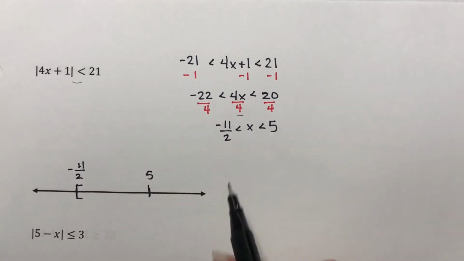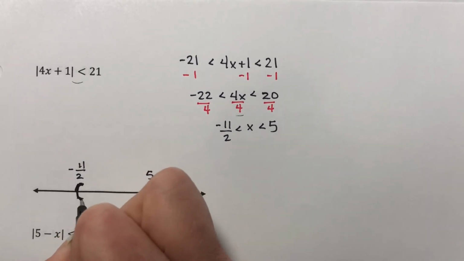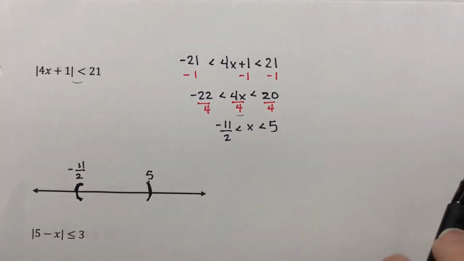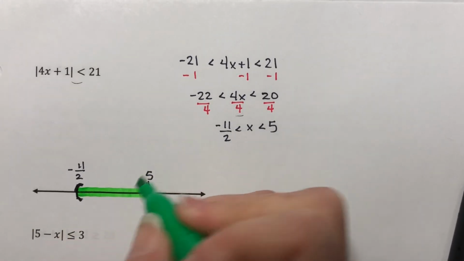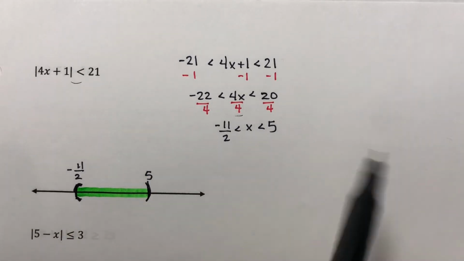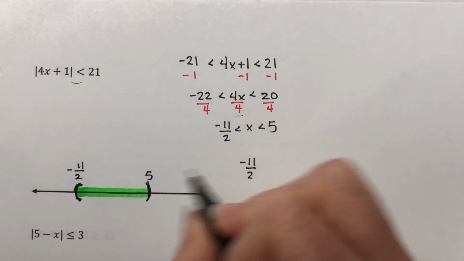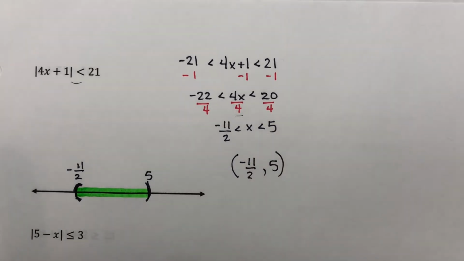And the reason for that is because this is less than, which means this needs to be parentheses. And this needs to be a parentheses. We shade between them. And our answer in interval notation would be -11 halves with a parenthesis, comma 5 parenthesis.